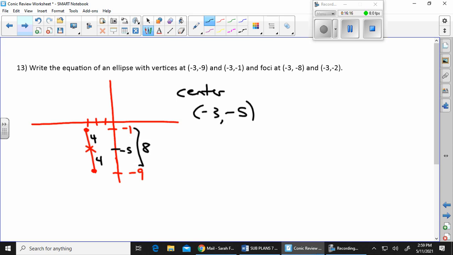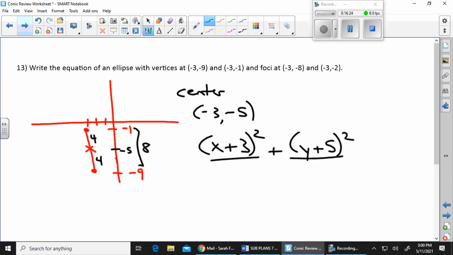So you know it's an ellipse. So you know you got x plus 3 squared, y plus 5 squared. You know it equals 1. Now, when you're thinking of looking at that equation, you went up 4 and down 4. Well, up and down is y. Square that, that's 16.